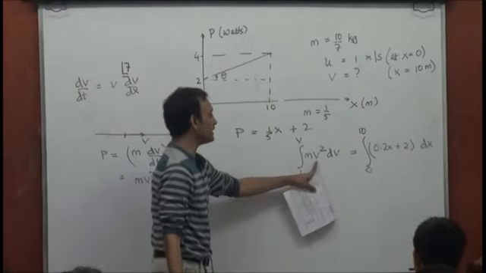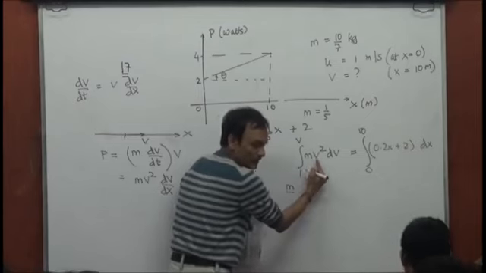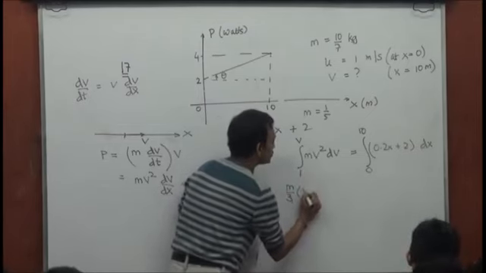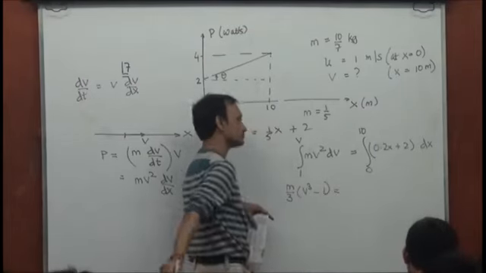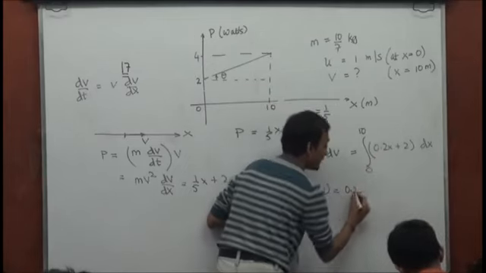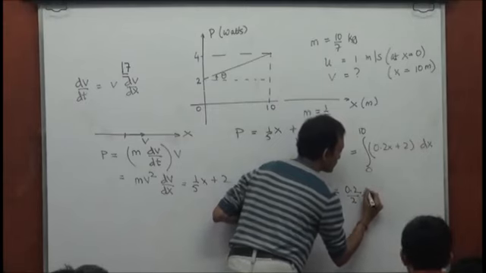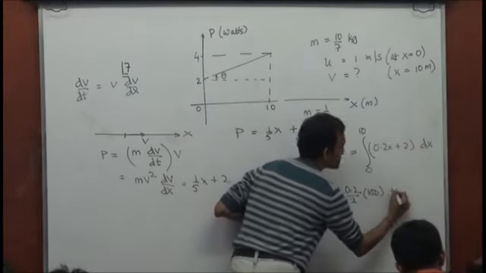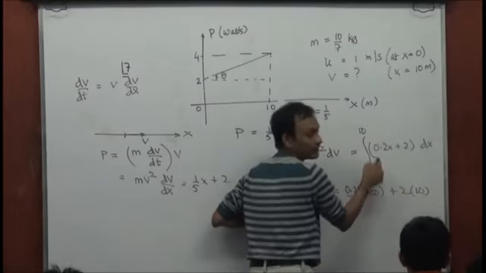When you integrate v squared, you get v cubed by 3. So m by 3 into v cubed minus 1 is equal to 0.2 into x squared by 2, that means 100, plus 2 into x, with x being 10, final minus initial.